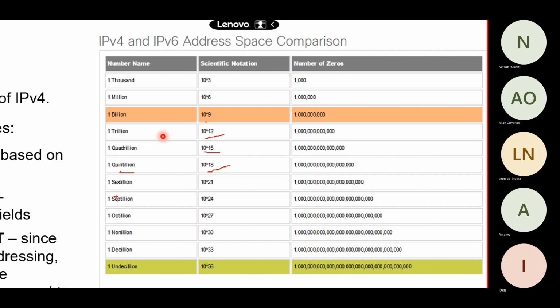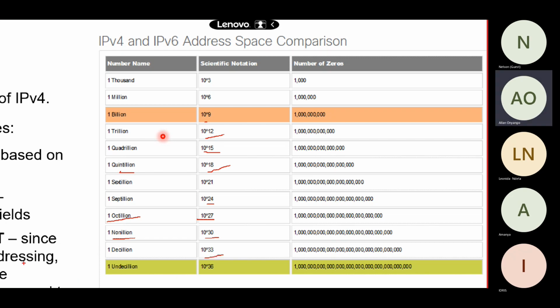A sextillion has 21 zeros. Septillion has 24 zeros. 1 octillion has 27 zeros. A nonillion is a number with 30 zeros. Then we have what's called decillion. It's a number with 33 zeros.